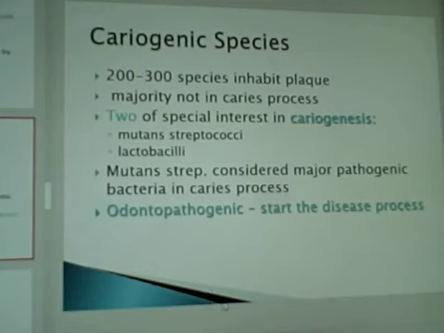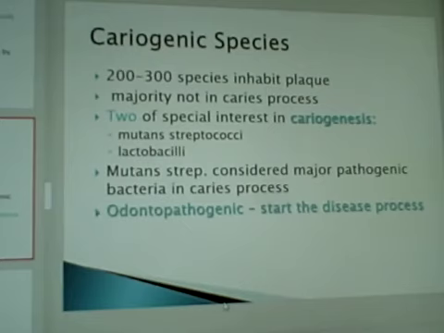The strep mutans and the strep sobrinus, S-O-B-R-I-N-U-S, are initially the causing agents, the etiological agents in the caries process. The lactobacilli and actinomyces, A-C-T-I-N-O-M-Y-C-E-S, are bacteria that have significant roles in the progression of the carious lesions.